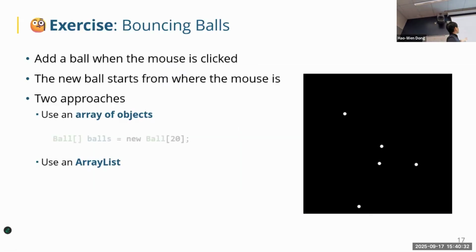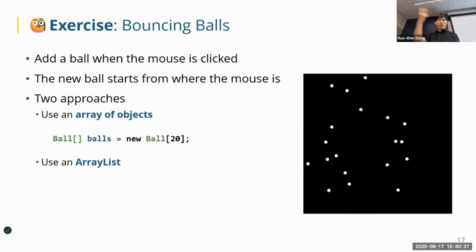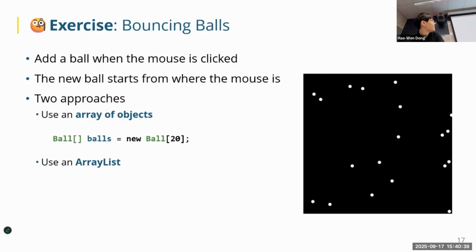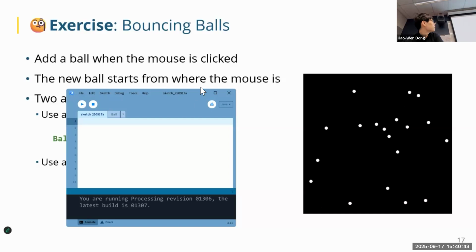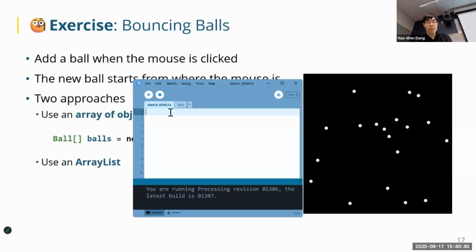We will explore two things. First, we could try an array of objects. Say we have 20 balls, and we would just show them one by one. But we will also look at the list version. Cool, so let's get started. Think about how you're gonna do it.